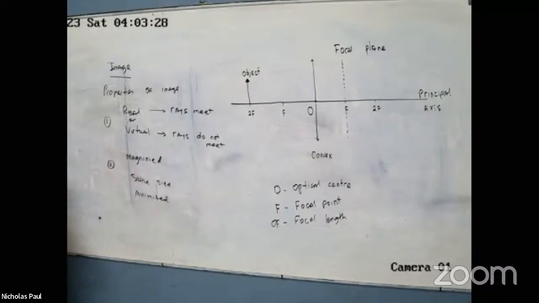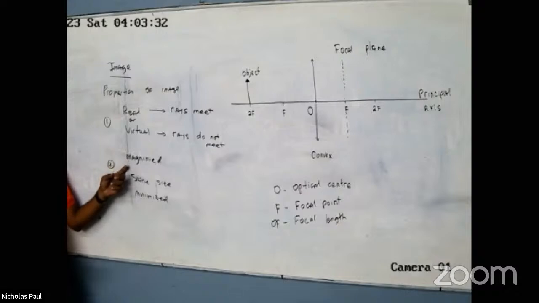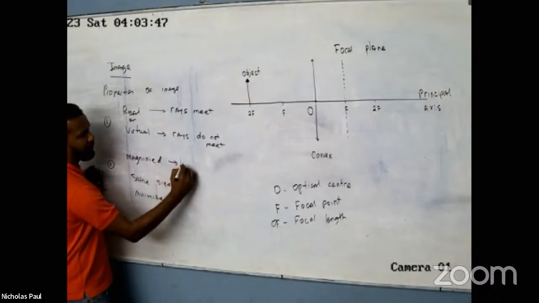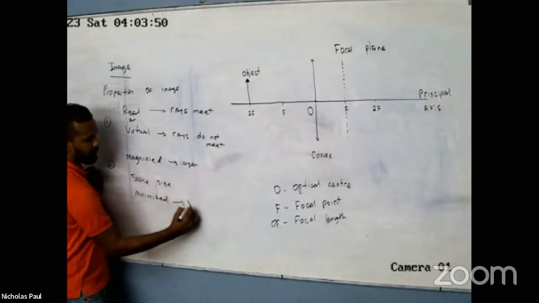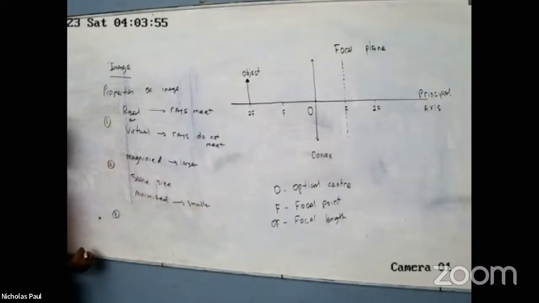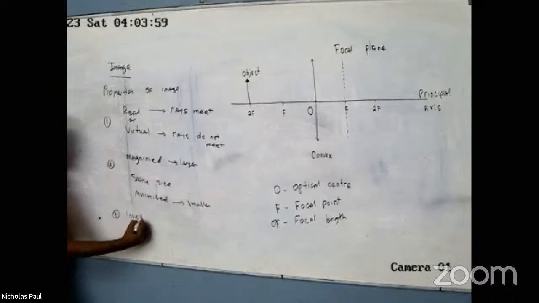Next, we're going to learn if the image is larger or magnified, if the image is the same size, or if the image is minimized. So the image that we obtain can be three things: same size, larger or smaller. Third, we have to look at if it's inverted or upright.